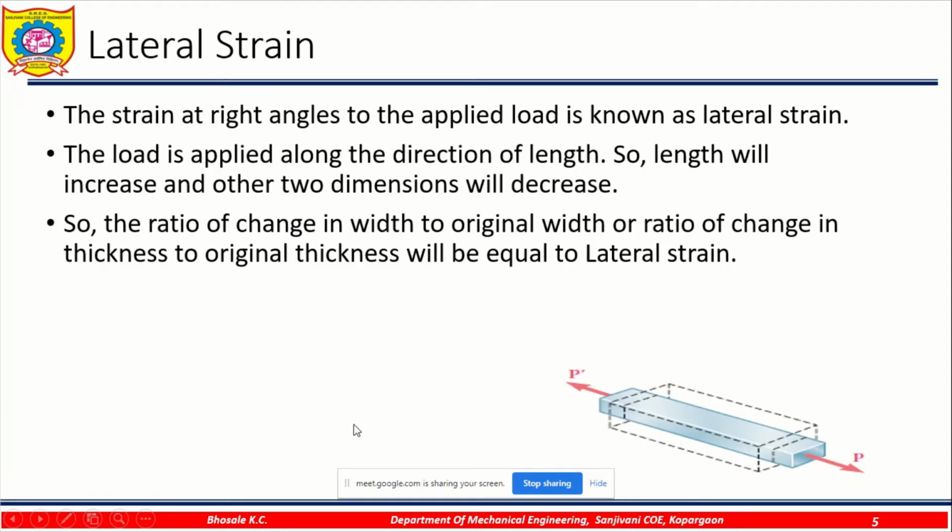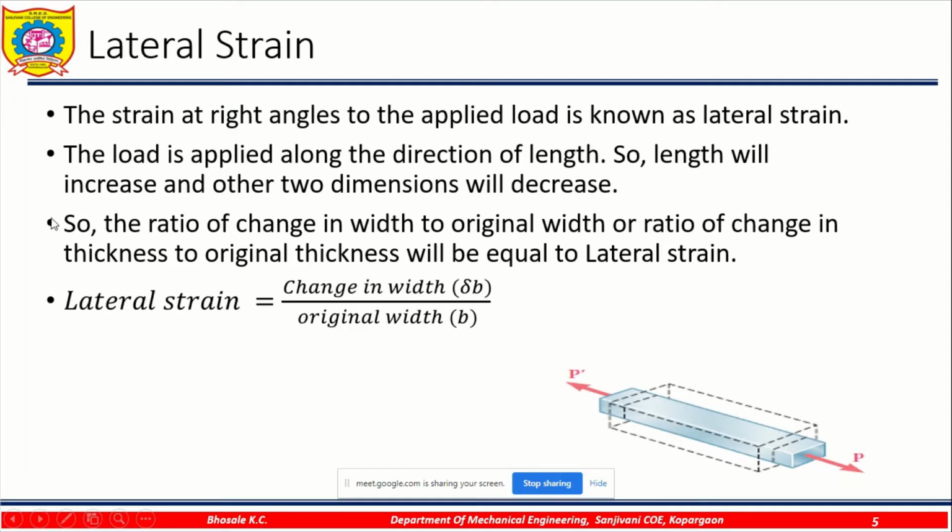So the ratio of change in width to the original width, or the ratio of change in thickness to the original thickness, will be called lateral strain. The two dimensions which are perpendicular to the applied load are thickness and width.